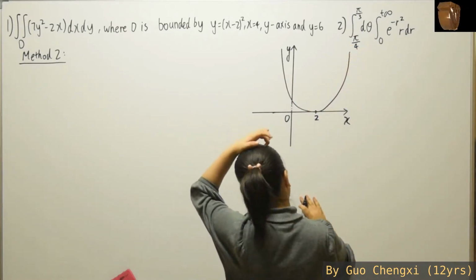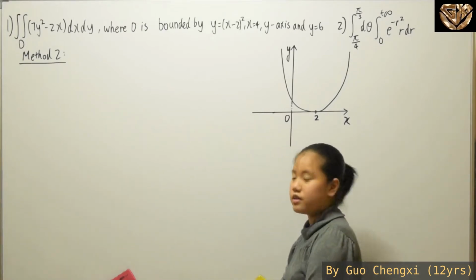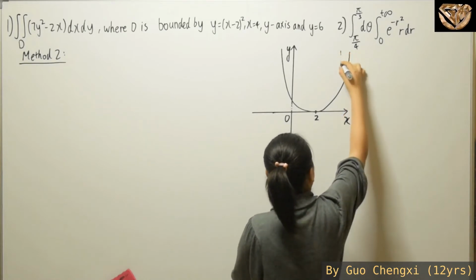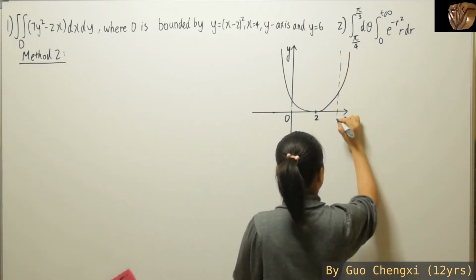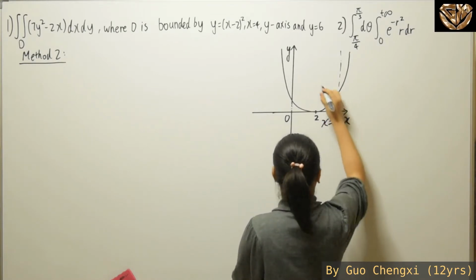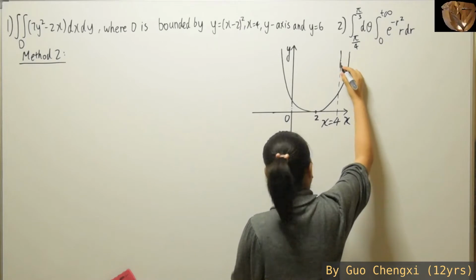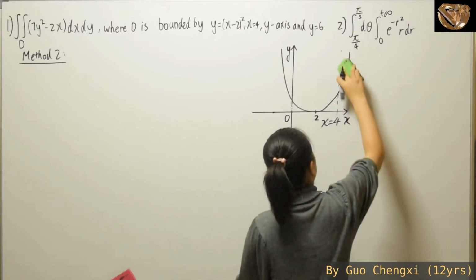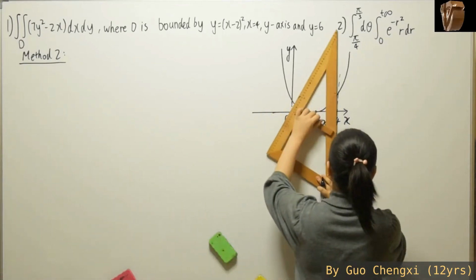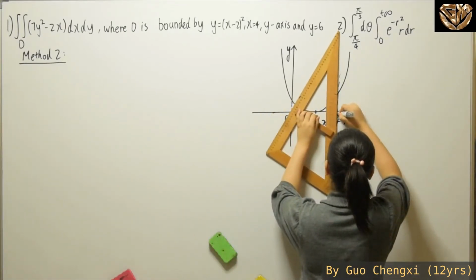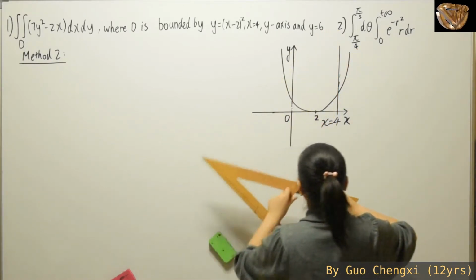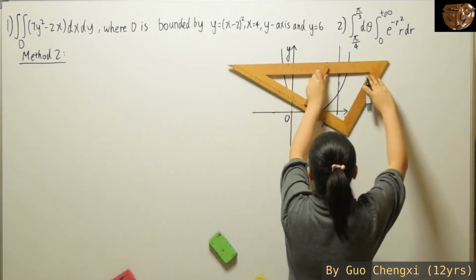Something like this. Then over here we'll also have our x equals 4. So this is x equals 4. And then we also have our y-axis and our y equals 6.